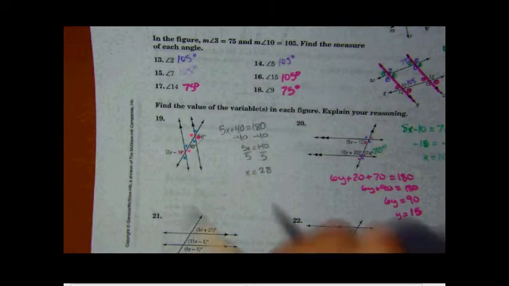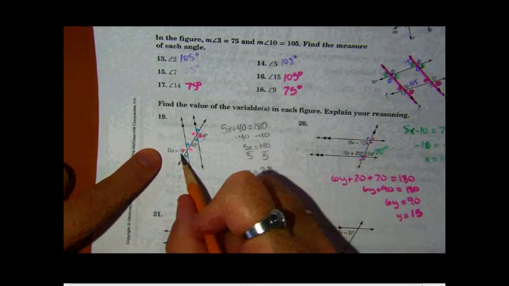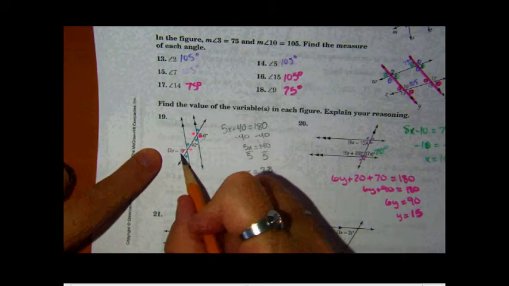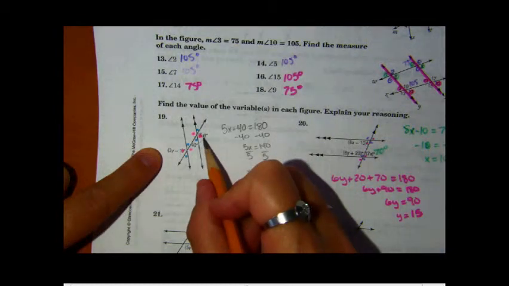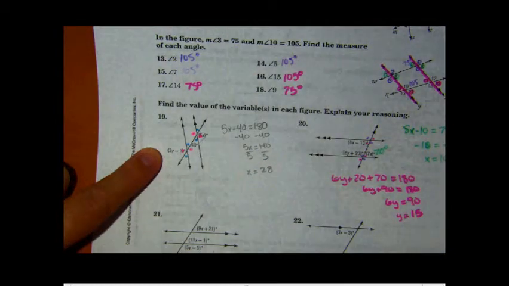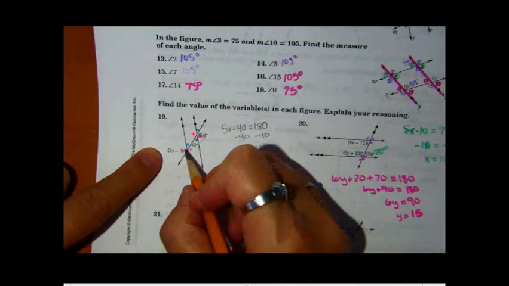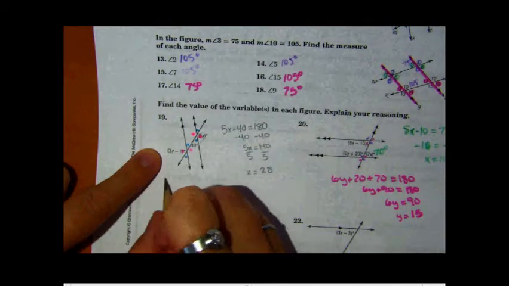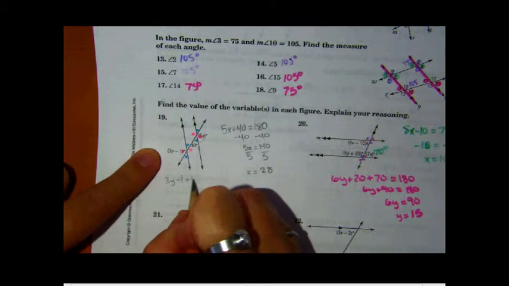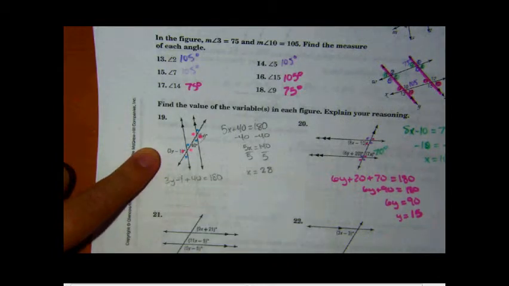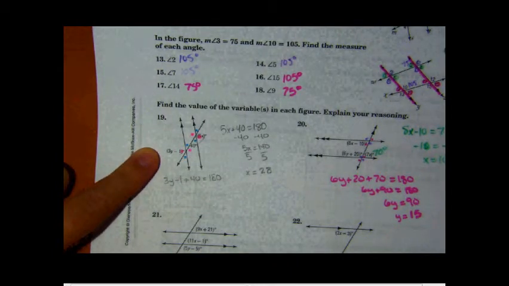Now when I look at y is pink. And the thing that y matches is the 5x. But I also know that blue is 40, so I could say that 3y plus 40 is equal to 180, like that, because blue plus pink equals 180.